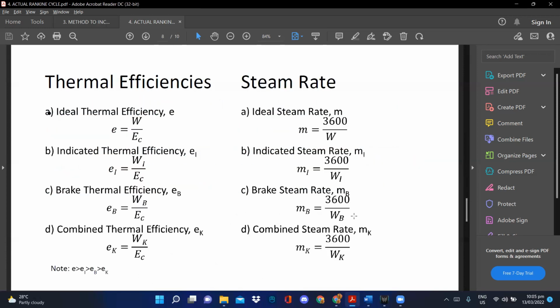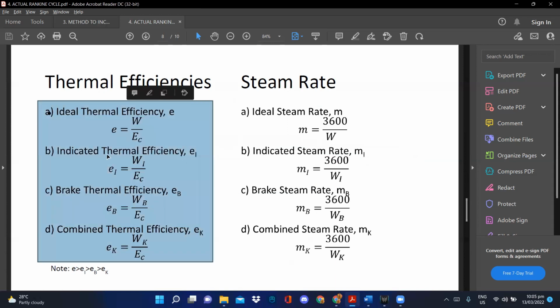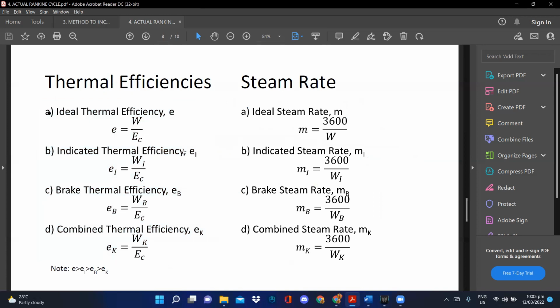Now, for your thermal efficiencies, your ideal thermal efficiency is work net all over your cycle efficiency. For your indicated thermal efficiency, you have your indicated work all over your cycle efficiency. For your brake thermal efficiency, you have your brake work all over your cycle efficiency.